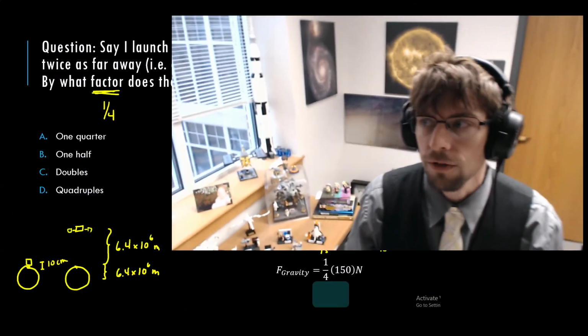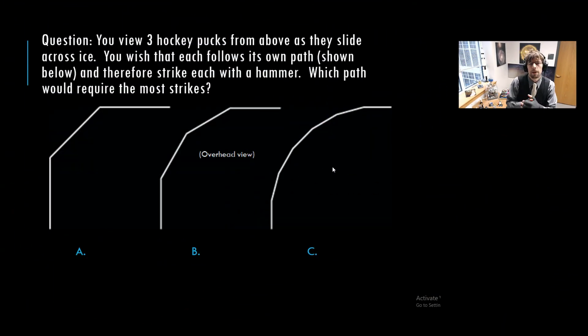Okay, you ready for it? Question for you. You have 3 hockey pucks as viewed from above as they slide across the ice. You wish each to follow its respective path, so I've given you A, B, and C. And therefore, you need to hit each hockey puck with your hammer. First off, which path will require the most strikes?